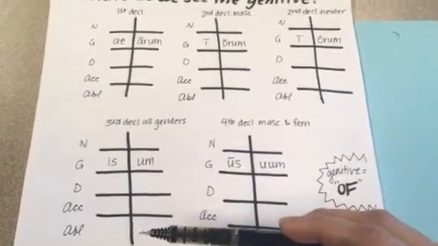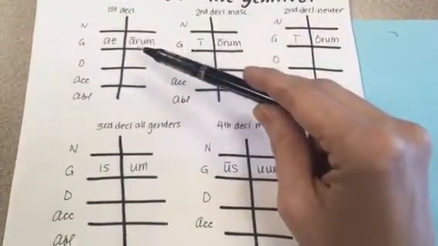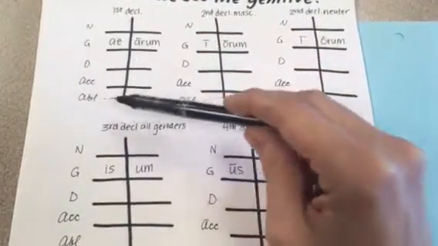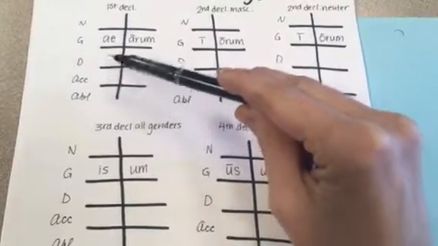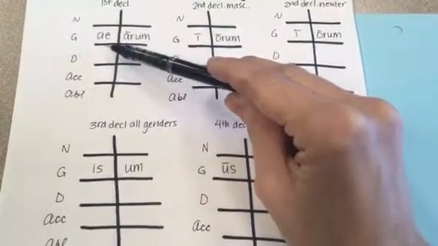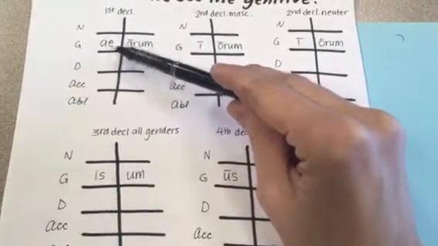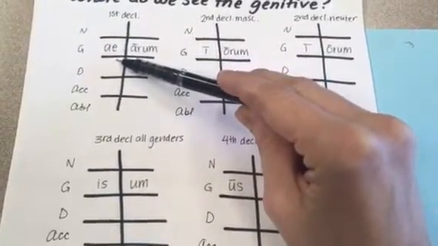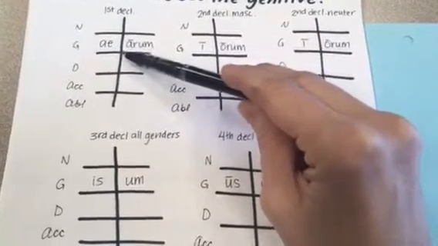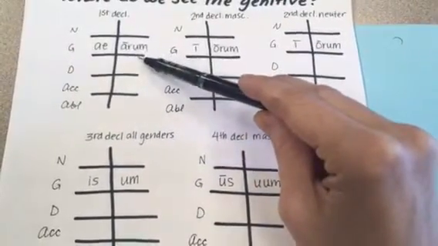So, girl is going to end in A in the singular, puella, and it's first declension. So if you wanted to say it's the house of the girl, it's going to be singular. And so our singular genitive ending is AE. So it would be est domus puellae with this ending. If you wanted to say it's the house of the girls with an S at the end, and it's plural, it would be est domus puellarum.